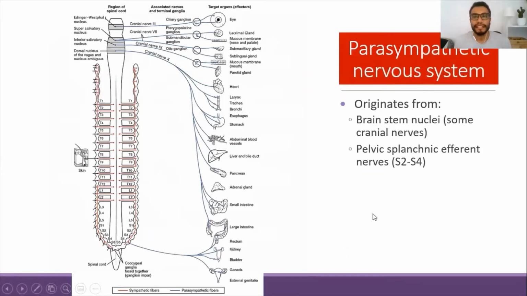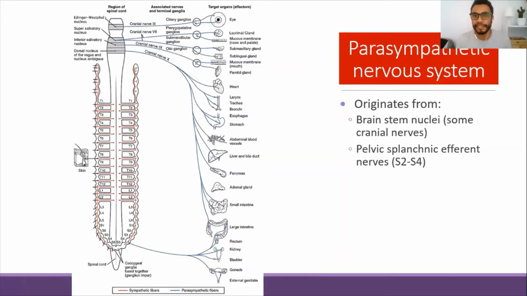The sympathetic nervous system is different according to the anatomical location, okay? So for the parasympathetic, we can find the origin of these parasympathetic fibers in the brainstem nuclei and some cranial nerves. Okay, so despite the cranial nerves being located in the brain, next to the central nervous system, actually it's not part of the central nervous system.